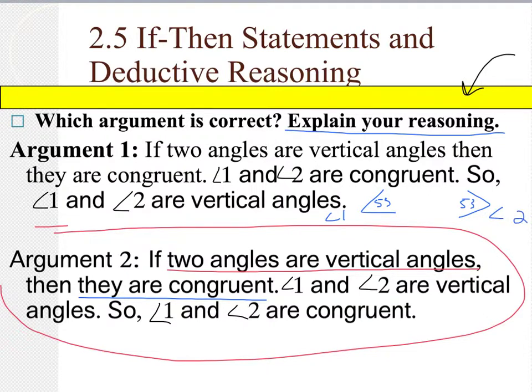So not all congruent angles are vertical angles. However, all vertical angles are congruent. Again, not all congruent angles are vertical angles, but all vertical angles are congruent angles. Okay, so the second one is true. And moving on.